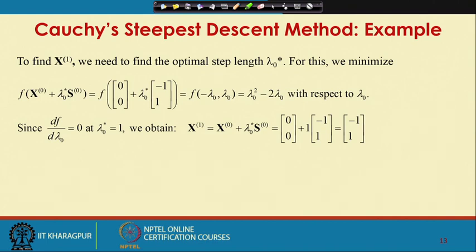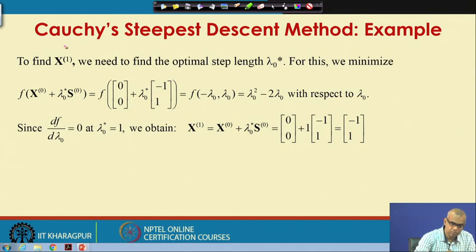Once I have the search direction, I can find out the estimate of the minimum in the next iteration, that is iteration number 1. So, how do I find out x 1?